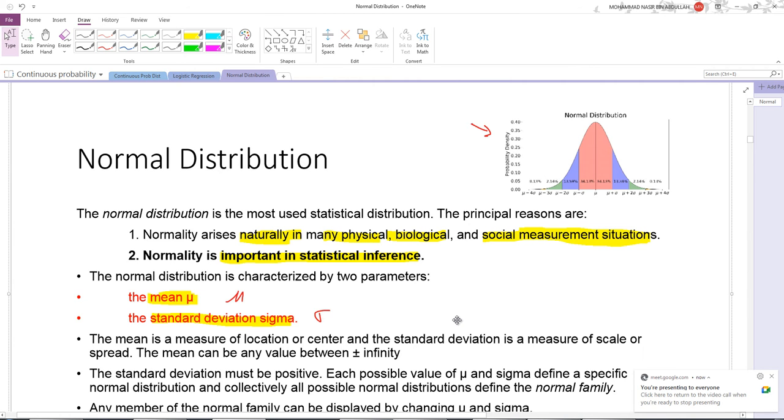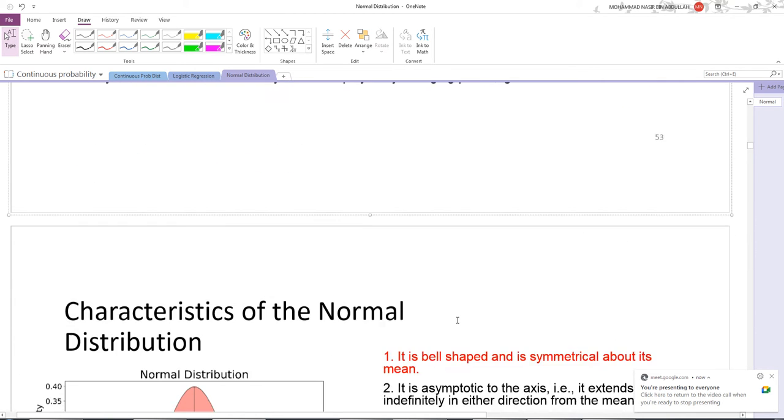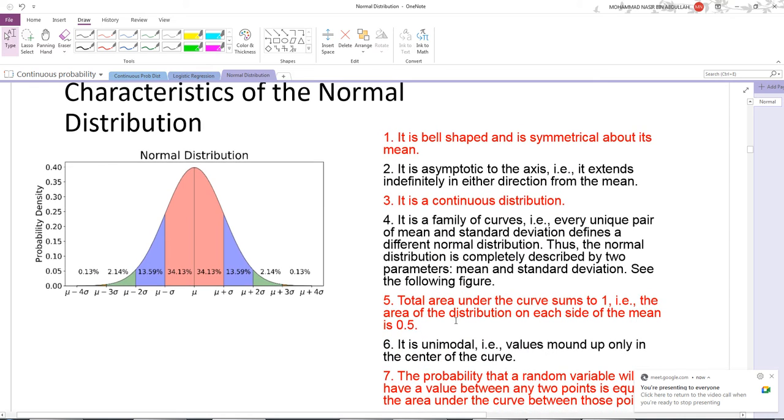So let's look at the characteristics of the normal distribution, right? Here you can see we have a bell-shaped curve. This is a normal distribution curve. It's a bell-shaped curve and it's symmetrical about the mean. This means the center is our mean.